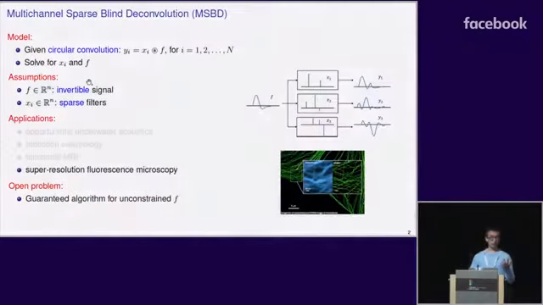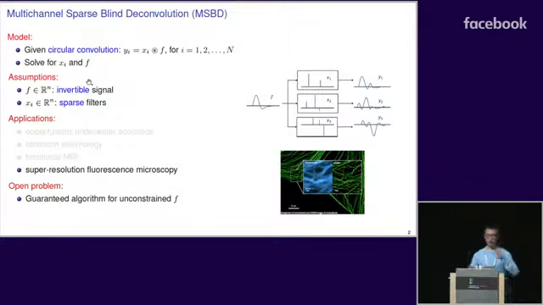Multi-channel sparse blind deconvolution arises in a variety of applications, ranging from opportunistic underwater acoustics to reflection seismology to functional MRI to super resolution fluorescence spectroscopy. It's essentially the problem of recovering an invertible signal F and multiple sparse filters Xi from their circular convolution Yi.